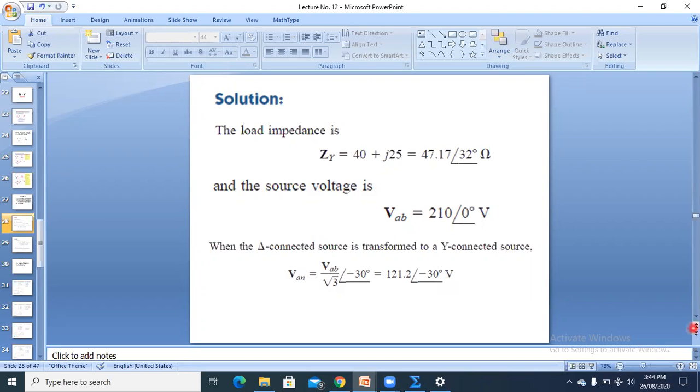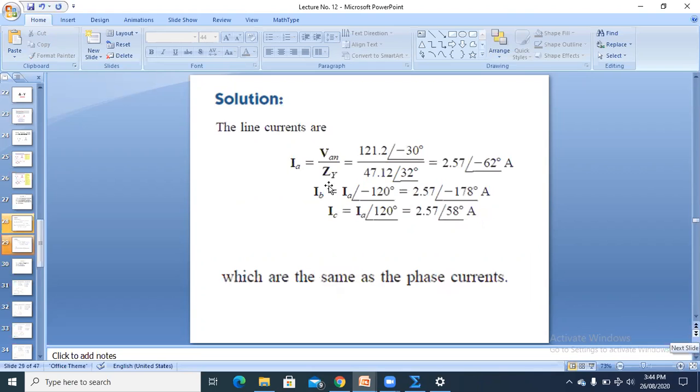Again, we calculate the line currents by dividing the phase voltage by the impedance of the Y connected load. From this, we calculate the line currents IA, IB, and IC. These line currents are the same as the phase currents.